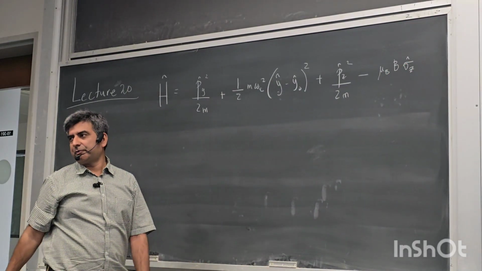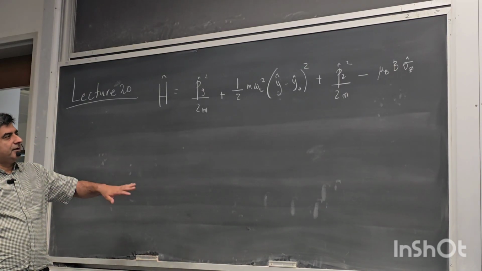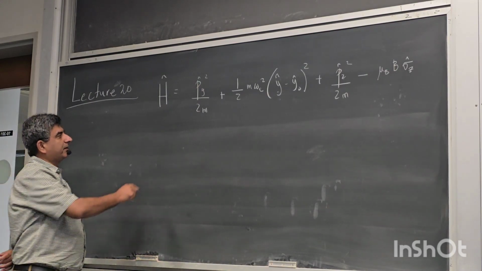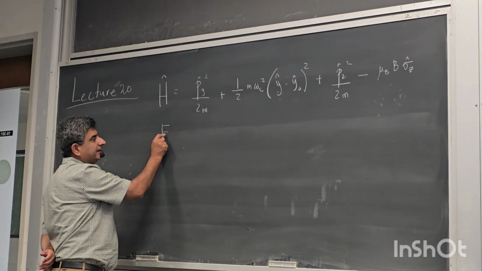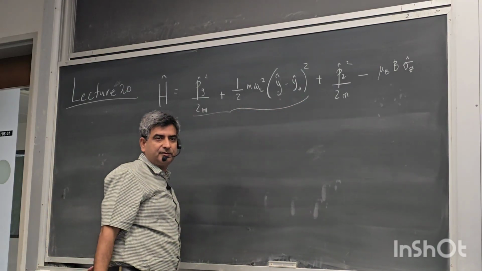So this was our Hamiltonian. And with this Hamiltonian, we can find out the energy eigenstates, E. This is a harmonic oscillator.